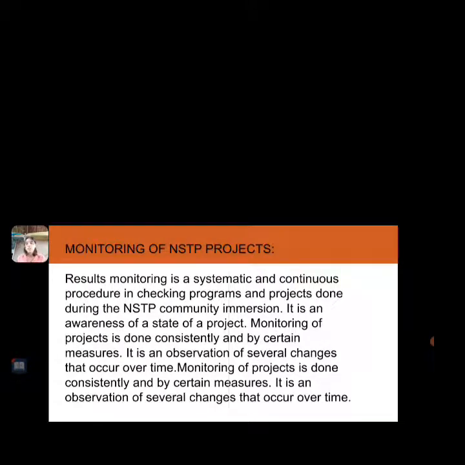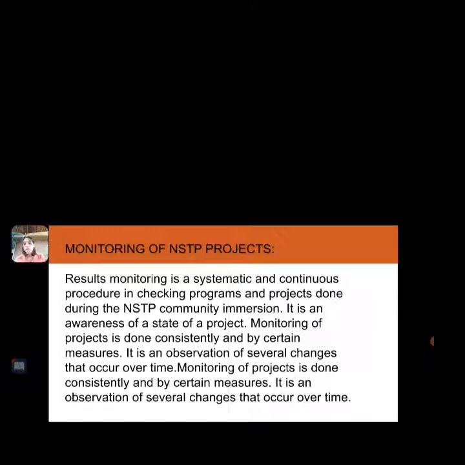So in every project for NSTP, its activities require an effective system to provide information on the extent to which projects are achieving their objectives. So the activities should be checked. It is conducted in an economical and timely manner.